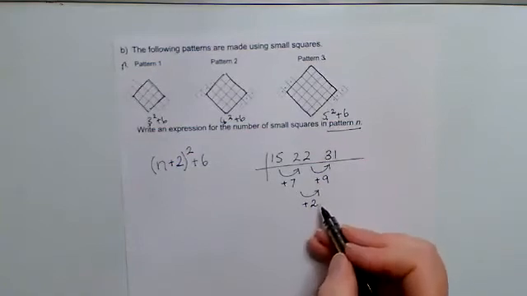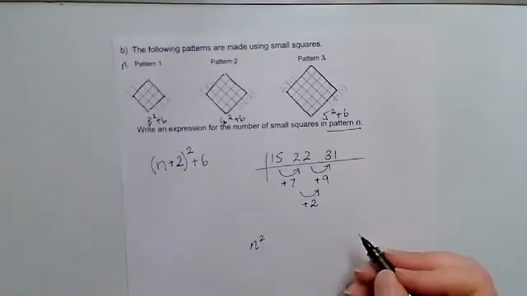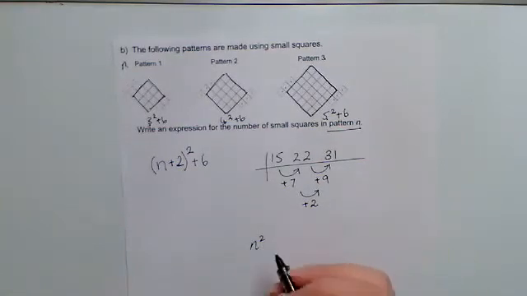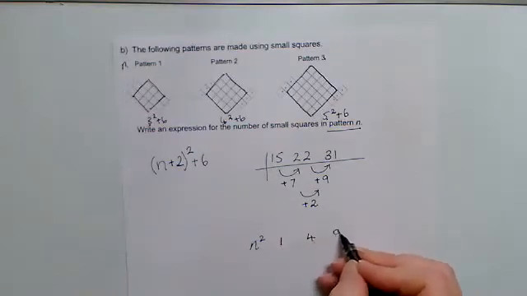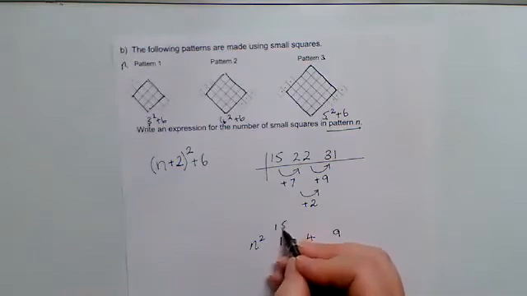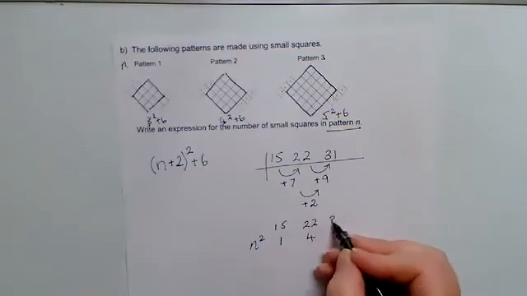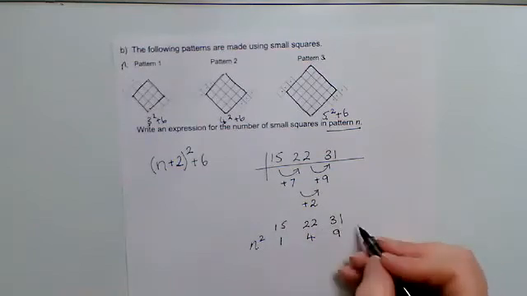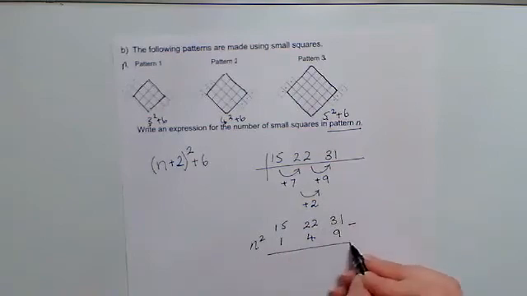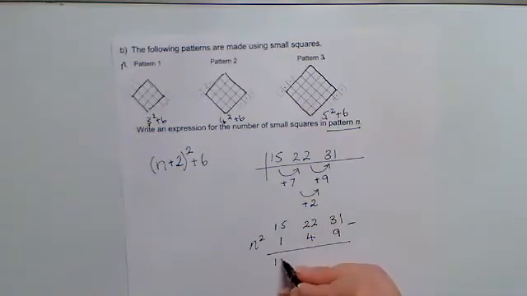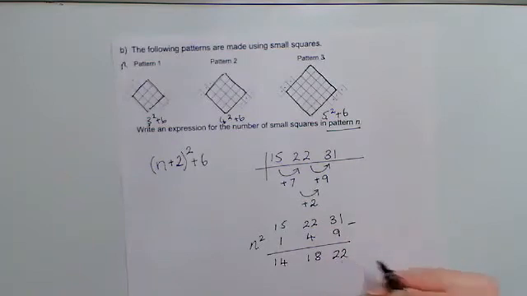So I know that my sequence is going to be a little bit like n squared. N squared would be 1, 4, 9, but the sequence I've got is 15, 22, and 31. If I look at the difference between those two sequences, I get 14, 18, and 22.